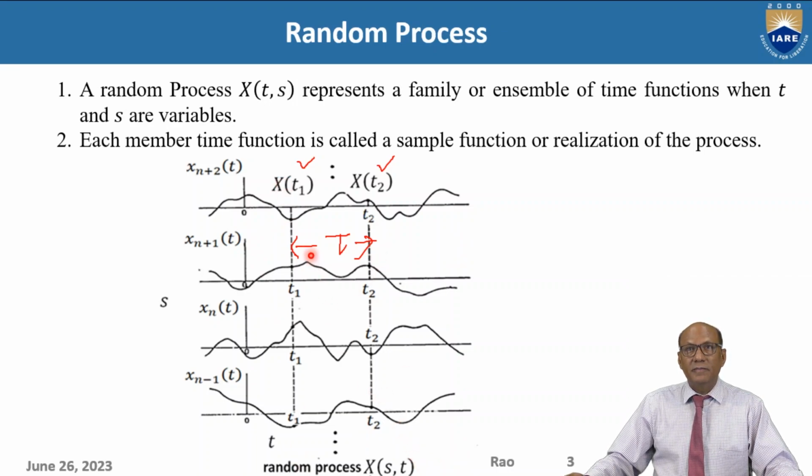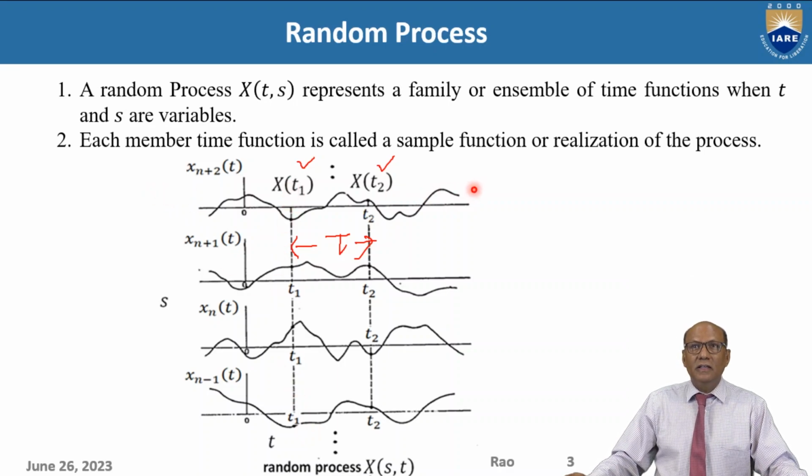So what it means is I am taking the expectation operation. It is called expectation because I am not taking the average along the time axis. I am not taking the average of this waveform. I am taking individual samples at a time instant, from each time function at a certain time instant. Then I am taking the mean value. So this is called the ensemble average.